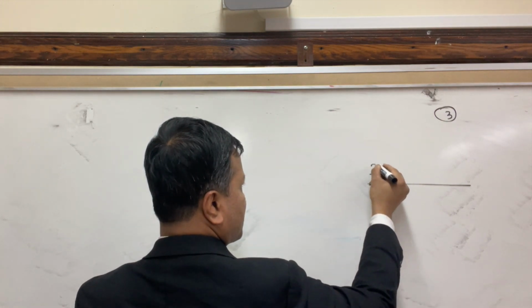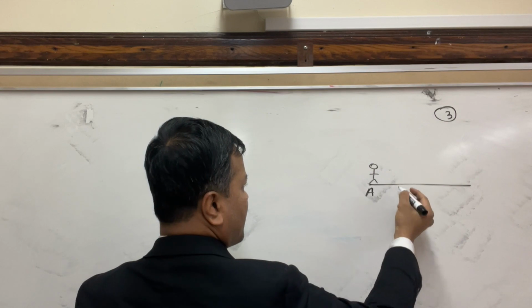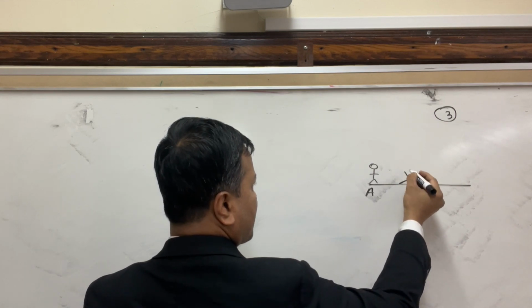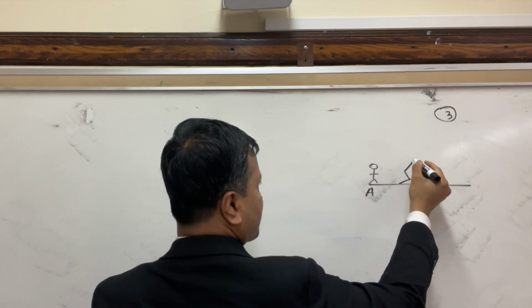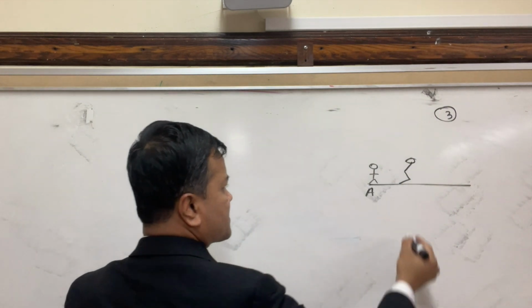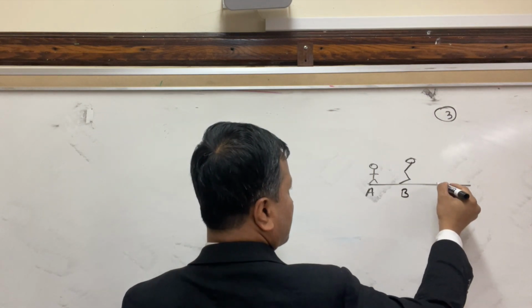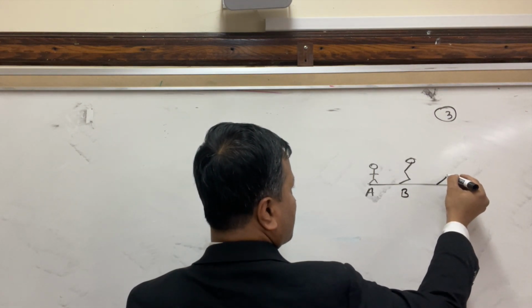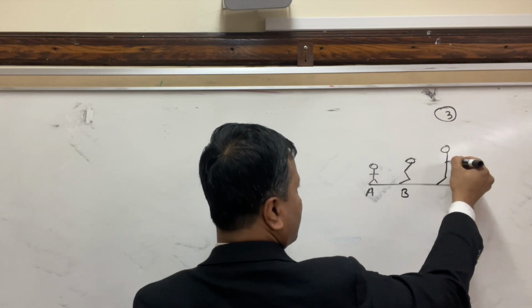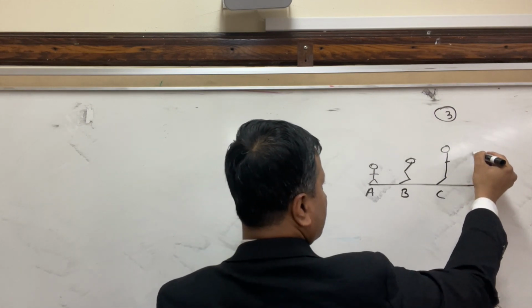So at first, what do you do? You are just standing, doing nothing. We call it A, and then you are squatting. So this is called B, and then you almost send yourself into the air, and this is C, and then you are in the air.